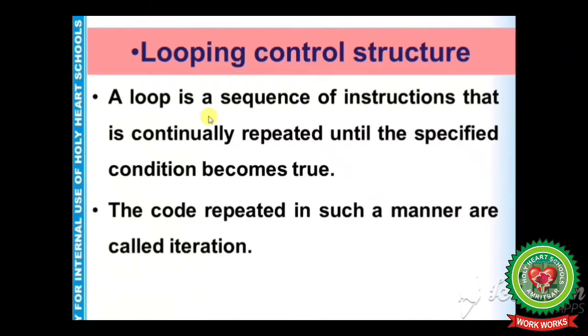Hence, to avoid the repetition of the same instructions, looping control structures are used. A simple looping control structure has a condition and a block of statements that run till the specified condition remains true. The compiler keeps executing the loop, and the statements are written inside its body. The code repeated in such a manner is called iteration.